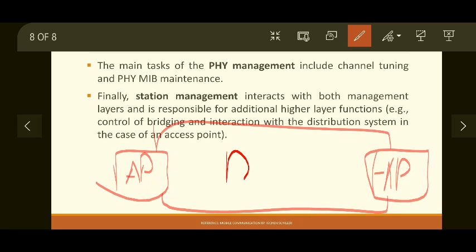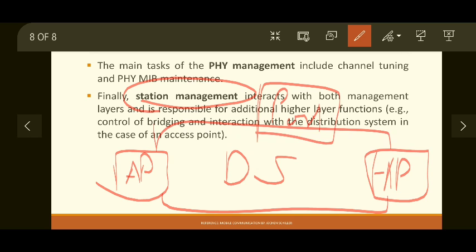So this is my distribution system. Sometimes there will be a portal also. So how the portal will get connected to the distribution system will be handled by the station management. For that, it interacts with both the MAC management layer as well as the physical management layer. Okay, so that is the job of station management.